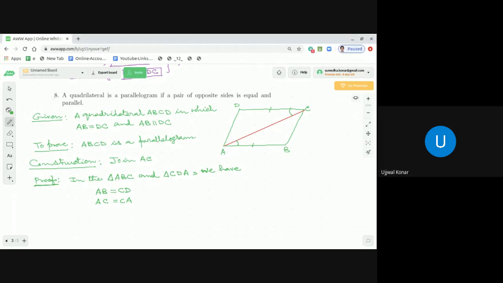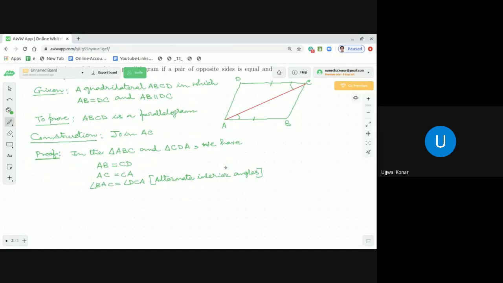So angle BAC is equal to angle DCA, and they are alternate interior angles. Correct, dear students?